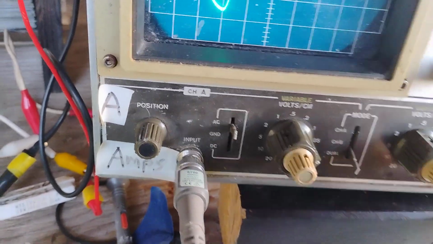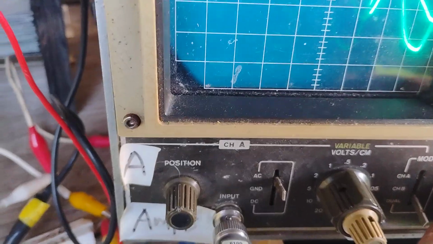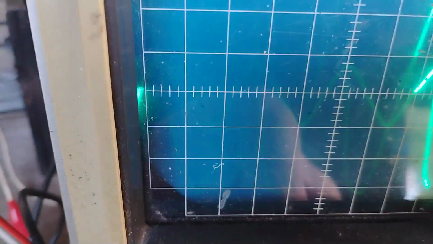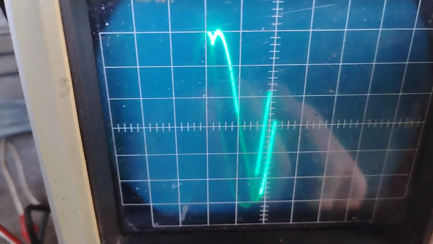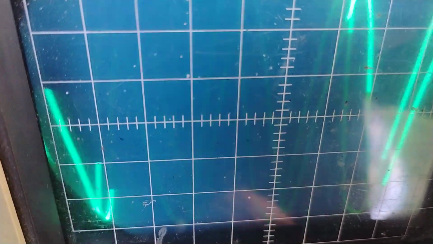So I'm going to do that. Now I'm going to change, that's kind of a good one. I'm going to go for a big one like this. And I changed what the square divisions are. So here we go again.